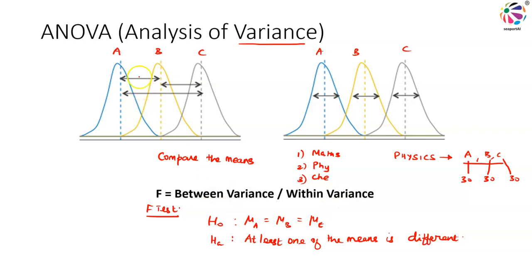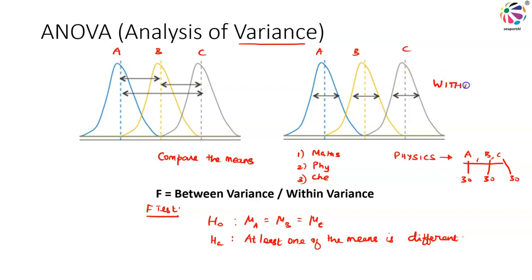For example, here I am talking of variance that exists among groups. Here, variance that exists in A, variance that exists in B, variance that exists in C is represented. This is about among groups, not within groups. This is within.